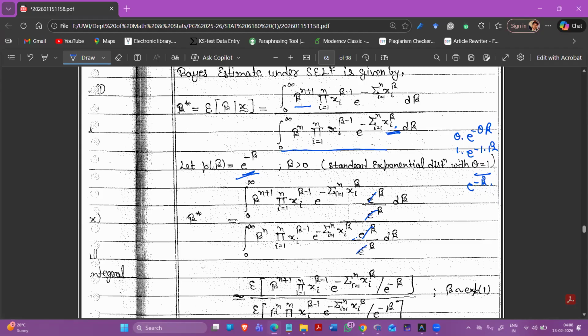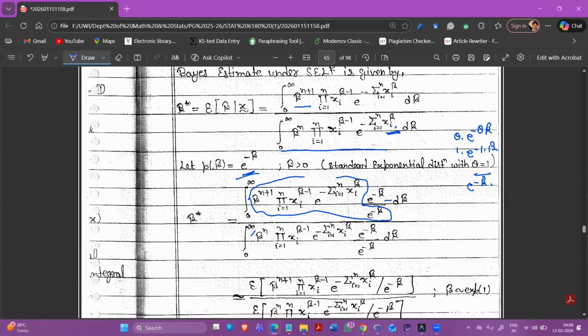Since e raised to the power minus beta is a standard exponential distribution, I am going to consider this portion as fx into qx divided by px, and this is my px, that is the exponential distribution, right?